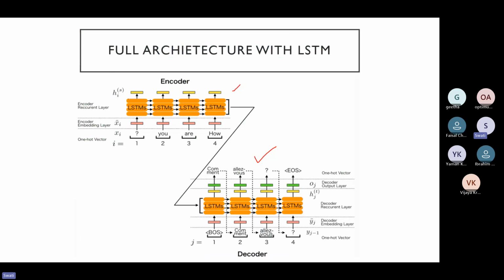These hidden states, present for each LSTM, get weights, suppose alpha 1, alpha 2, alpha 3, and alpha 4, and this is done for each timestamp.